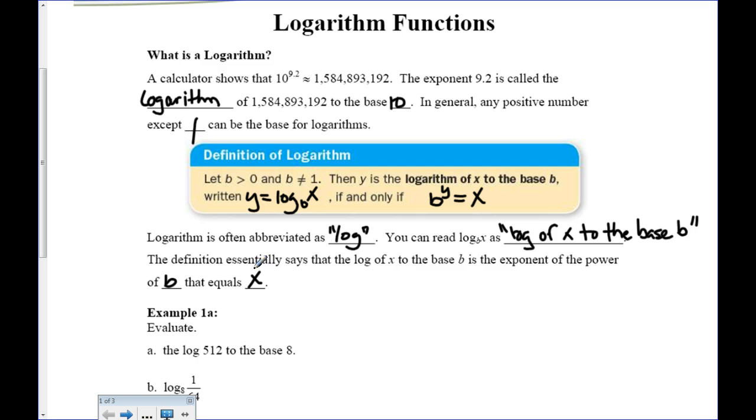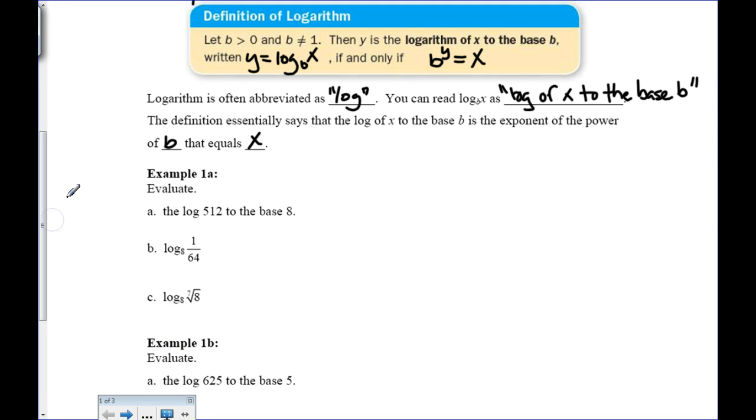Okay, some examples of this. The log of 512 to the base 8, that is just like saying log base 8 of 512.